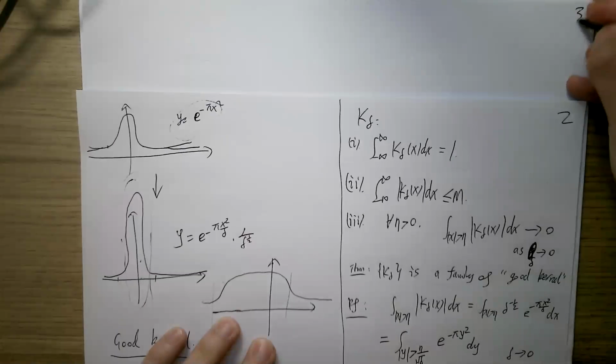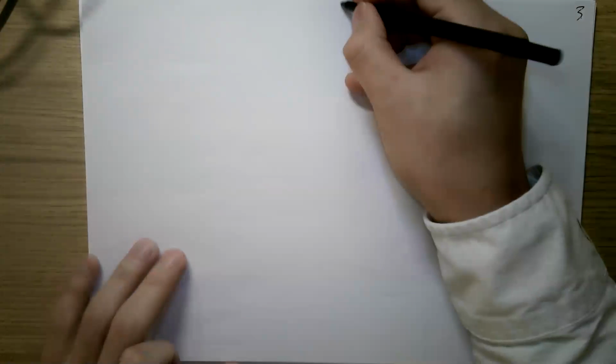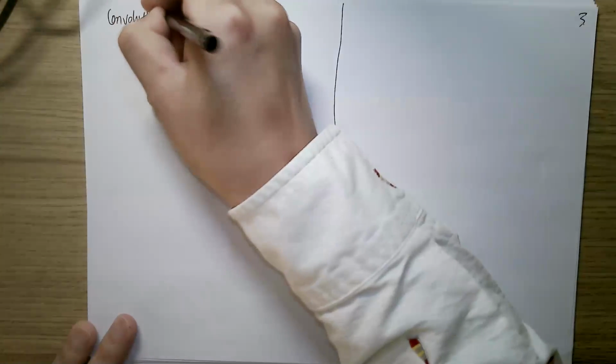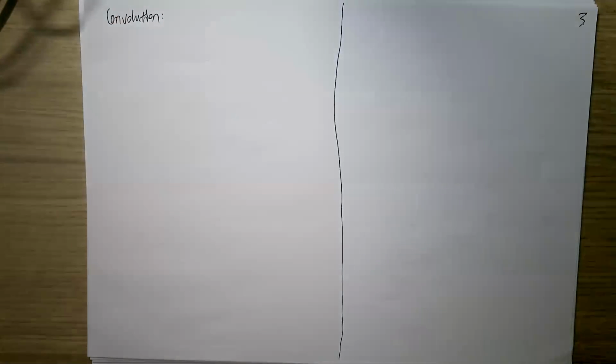And then to use this good kernel, we will need the so-called convolution, right? The convolution of functions on the Schwartz space.